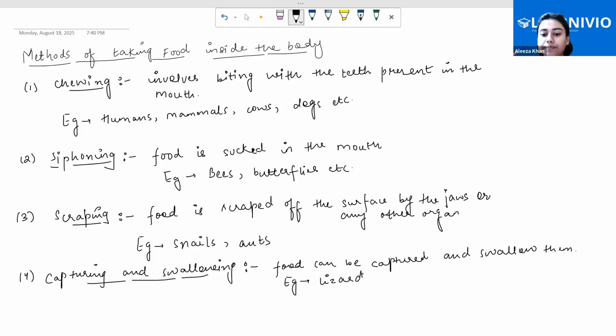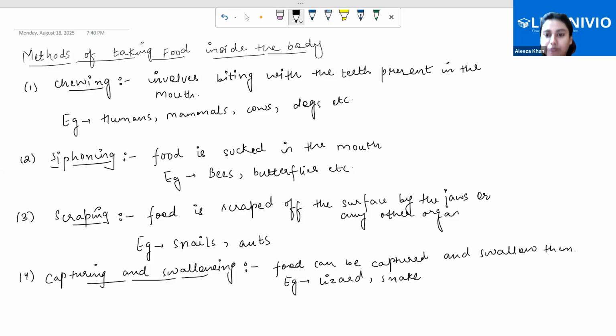Snake can also be an example for this, because they don't have specialized teeth to eat a very big organism, so they have the property to swallow it.